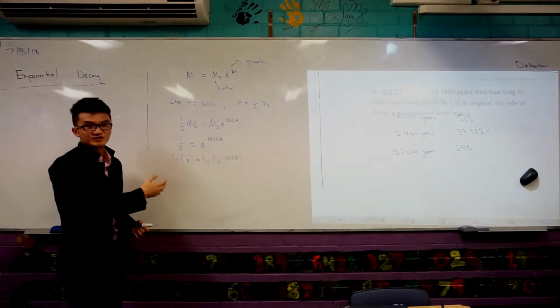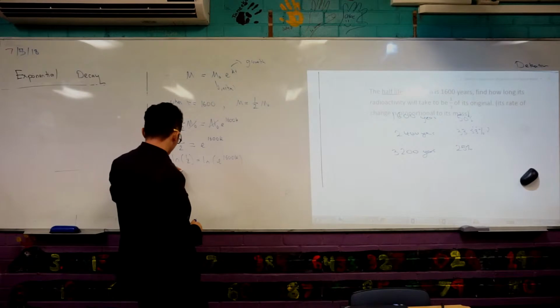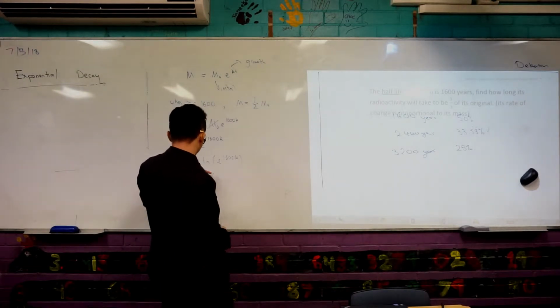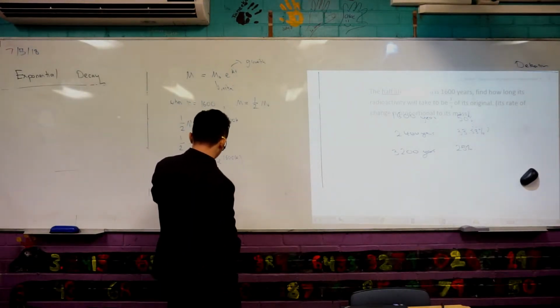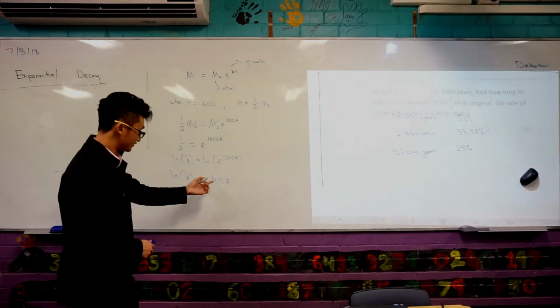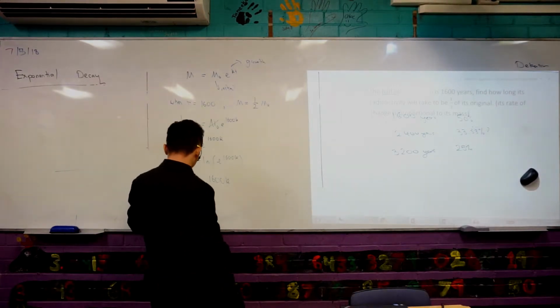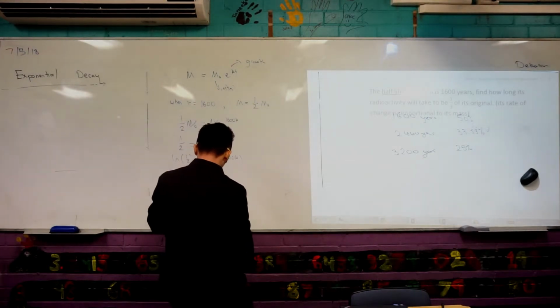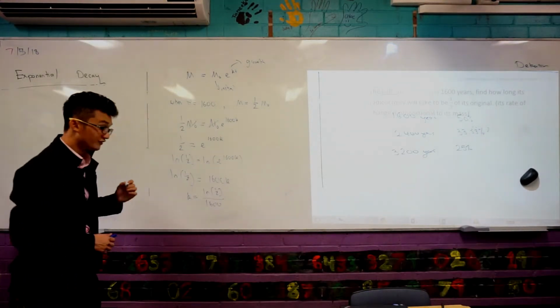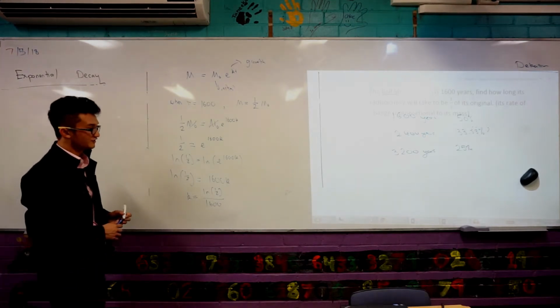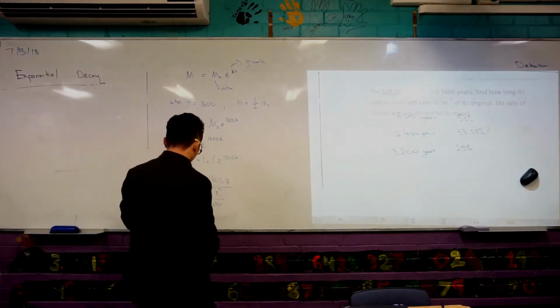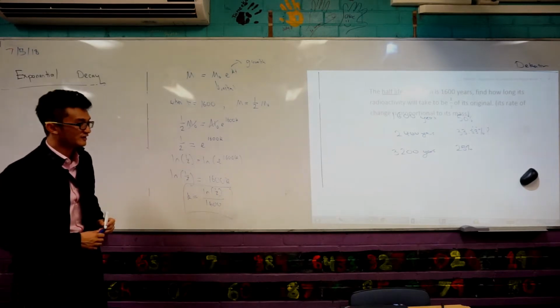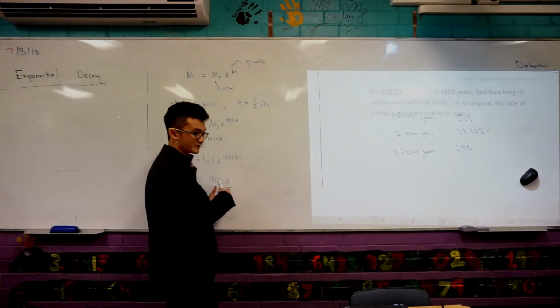Well, ln of e, that's just 1. So really I'll have ln of half is equal to 1600k. And then solving for k, I'll just divide both sides by 1600. Okay. So far so good. Now I'm not going to evaluate that just yet, because usually it's going to be a long decimal, and I still haven't really answered the question yet, so I'm just going to park that for now.